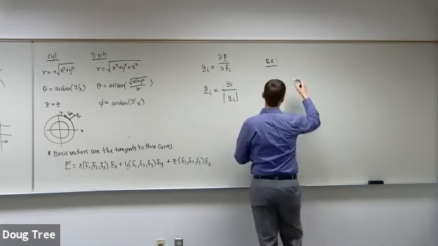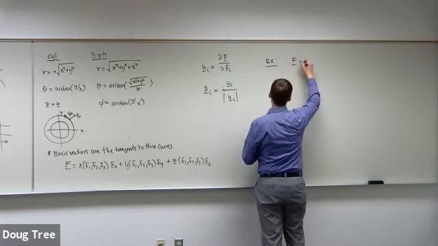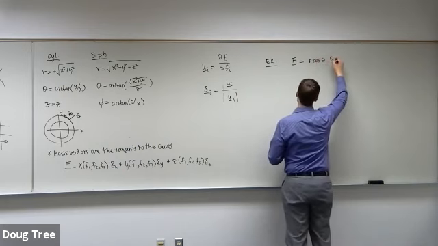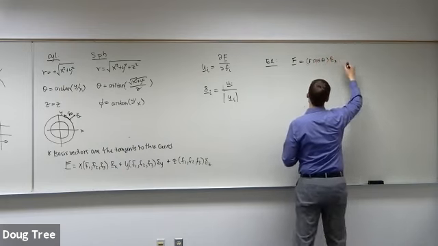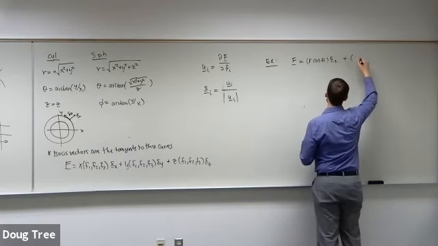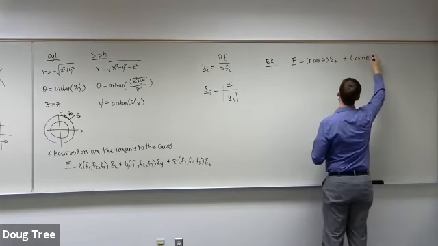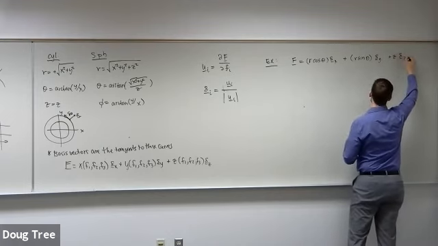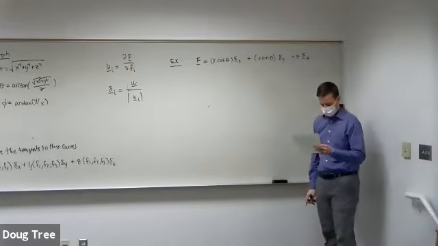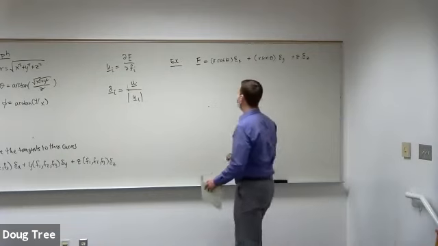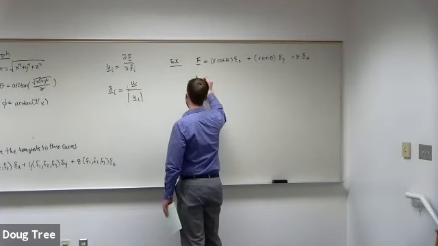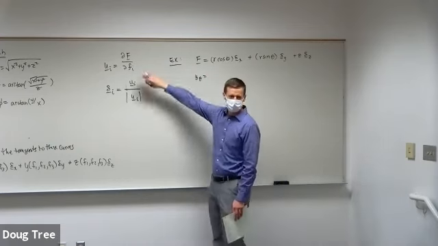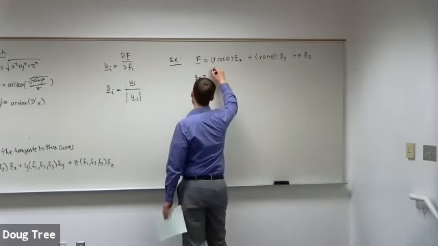So f is, like I just said, r cosine theta delta x plus r sine theta delta y plus z delta z. Okay, so now to find, say, u theta, I need to take df d theta.